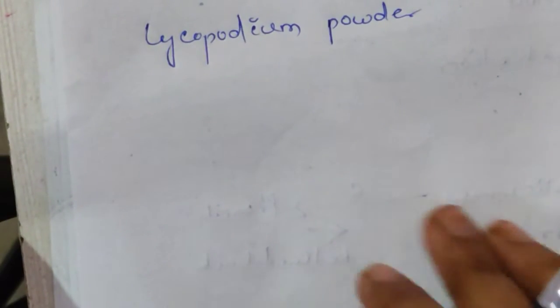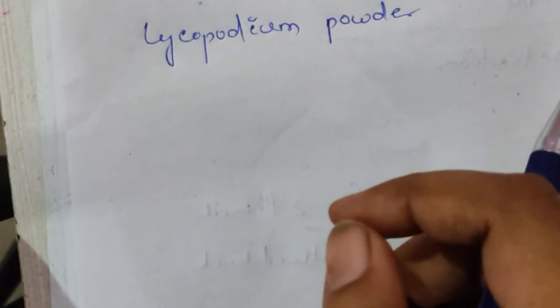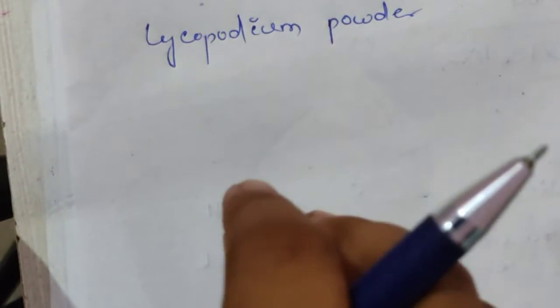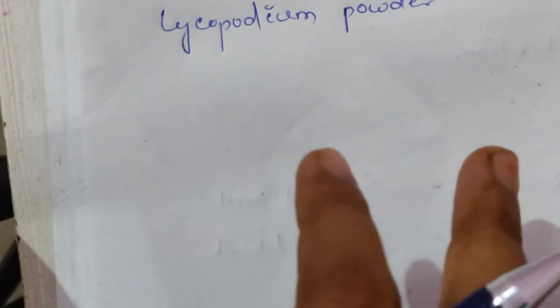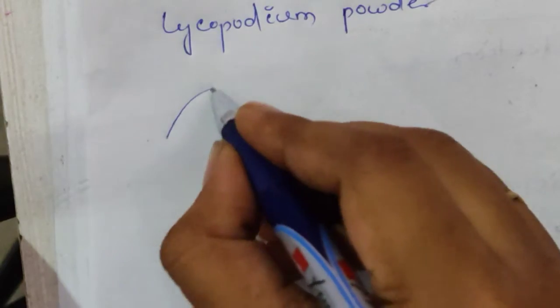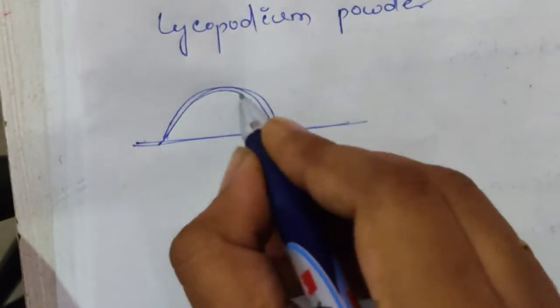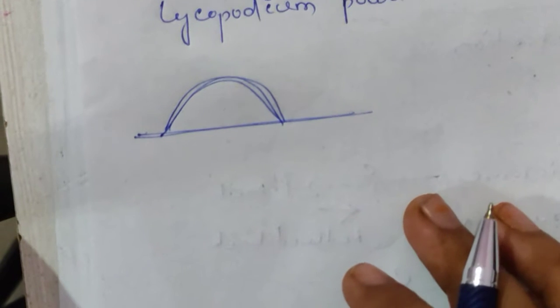By using that, a little bit of this powder will be sprinkled on the surface of water in a large trough. Large trough means something like this. Getting my point?